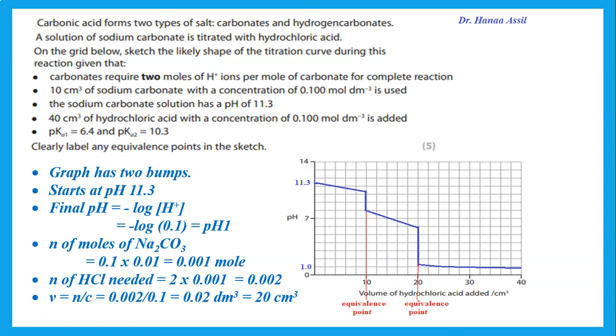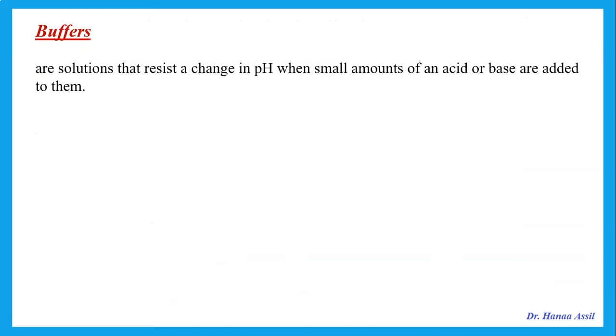So the volume of the HCl that will neutralize all the amounts is 20 centimeter cubed. So my equivalence point for the second bump has to be at 20 centimeter cubed. And that means the equivalence point for the first H plus would be half of that, and that is at 10 centimeter cubed.